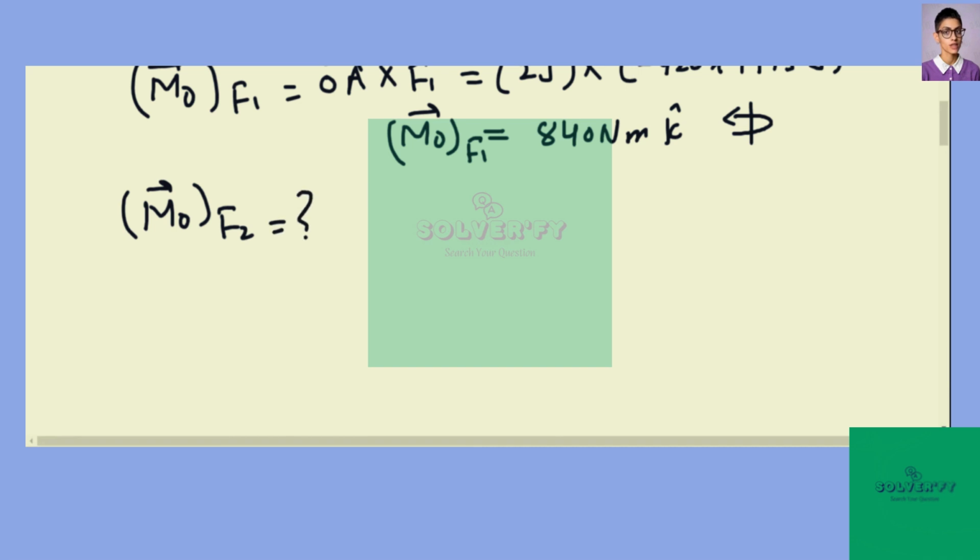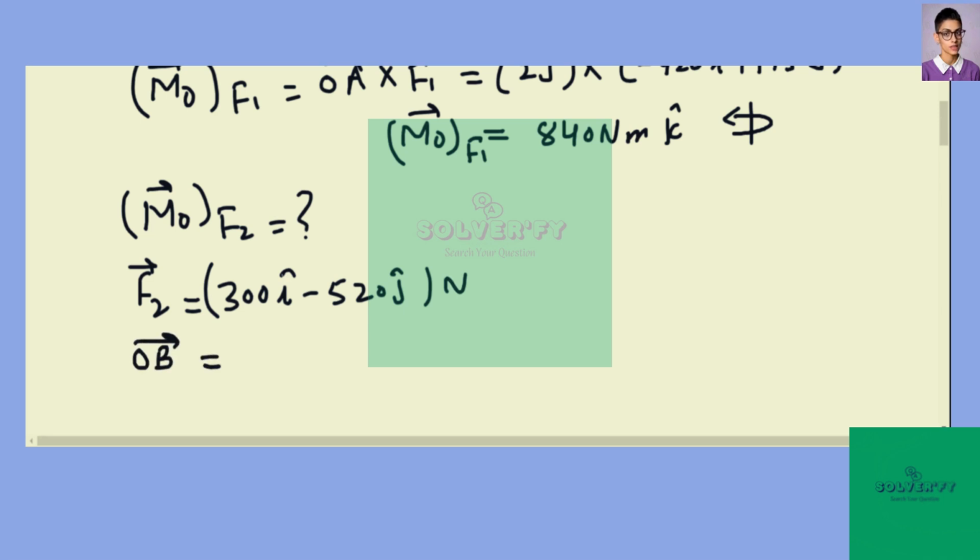So here F2 force is given 300 i cap minus 520 j cap Newton, and its rotating arm vector is OB vector, which having the value minus 2.5 i cap minus 0.75 j cap meter.